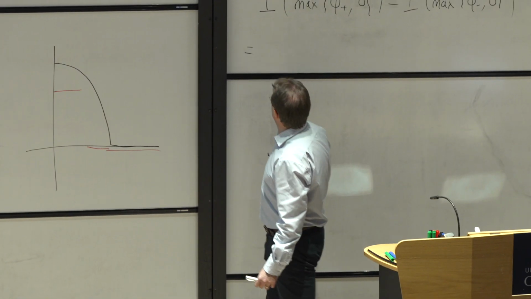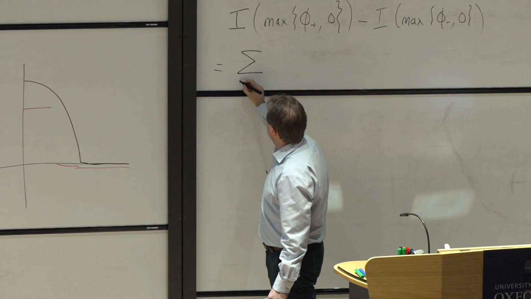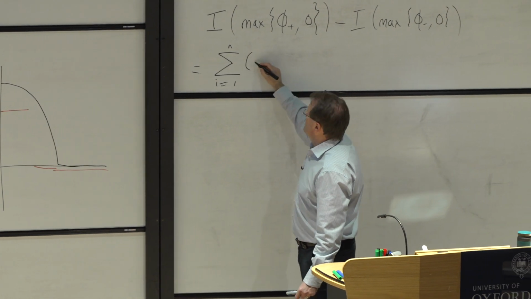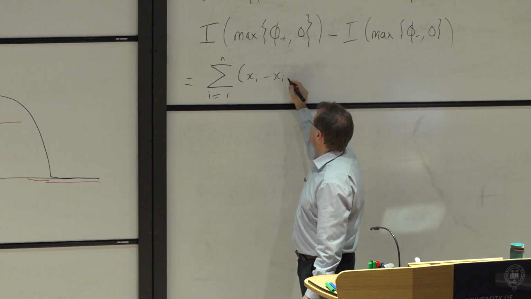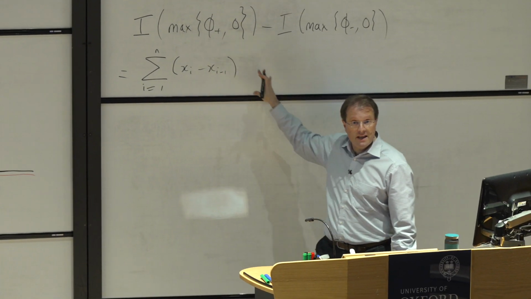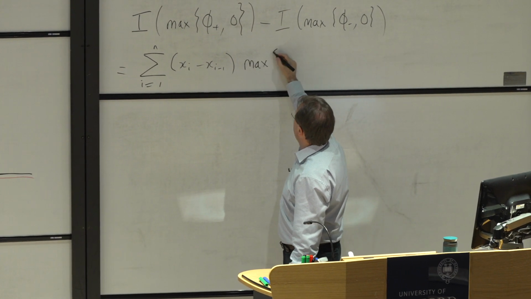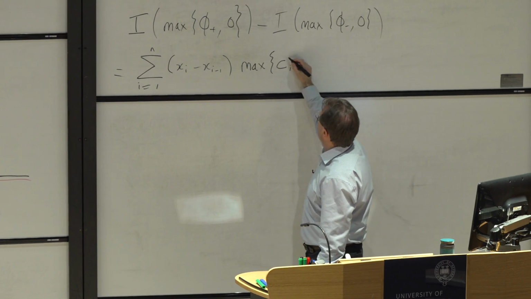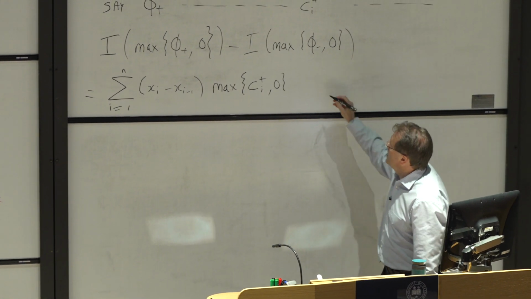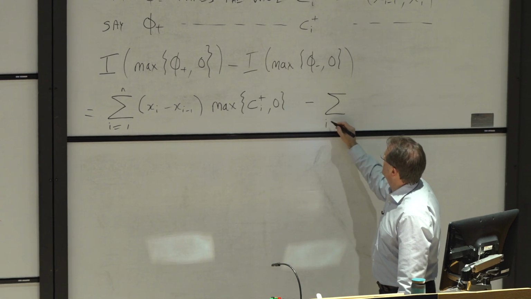Okay, so let's plug in the formula for the integral of a step function. This is the sum from i equals 1 to n of the width of the relevant interval times the value that that step function takes on that open interval. So this is equal to the maximum of ci plus and 0 on that interval, minus another sum, but now for phi minus.